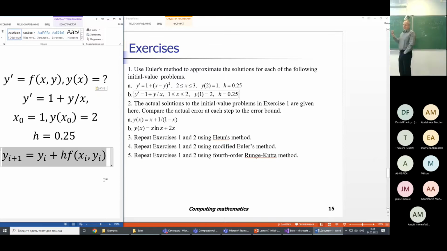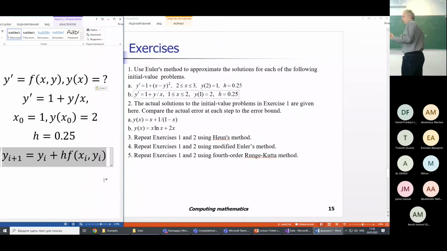And the main step: what is y1? We can use this formula to compute y1. What is the value of y1? How to compute it?